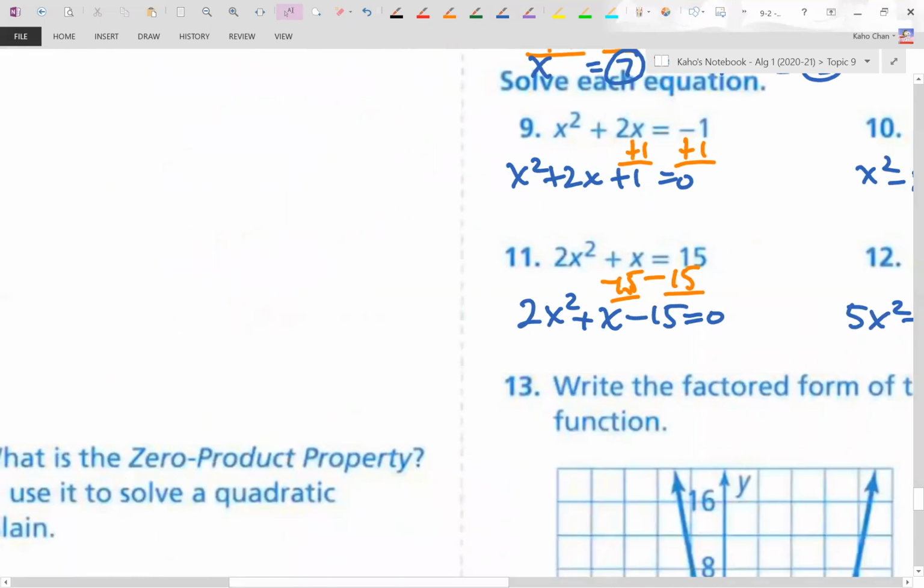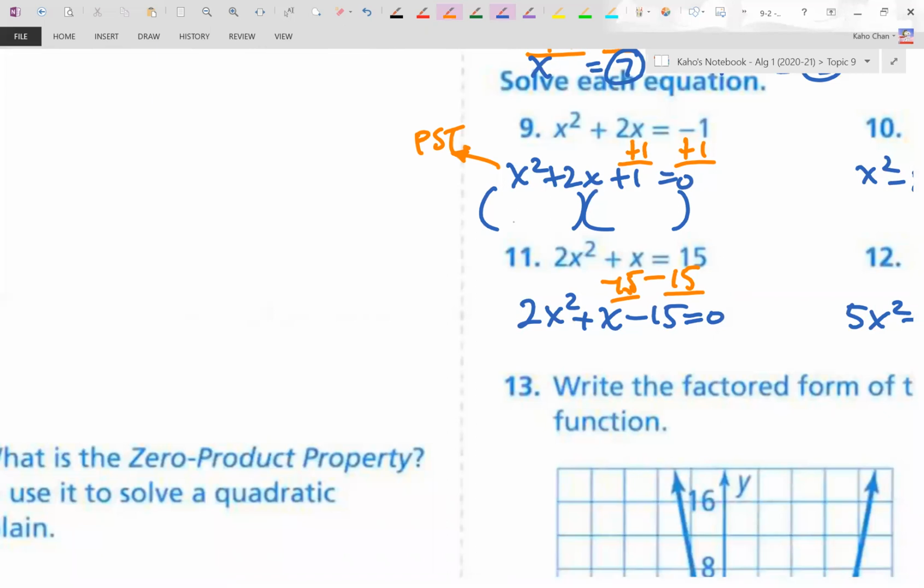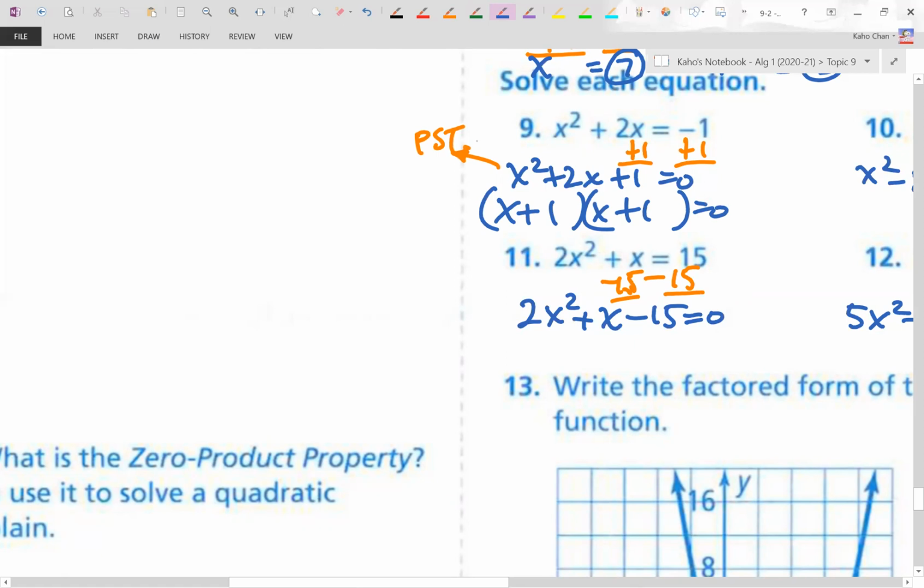So off to the left, I'm going to do number 9. Actually, this one's a PST, a perfect square trinomial, and the factors themselves are duplicate. There it is, x plus 1 times itself. Using the zero product property, split up and solve. x plus 1 equals 0.